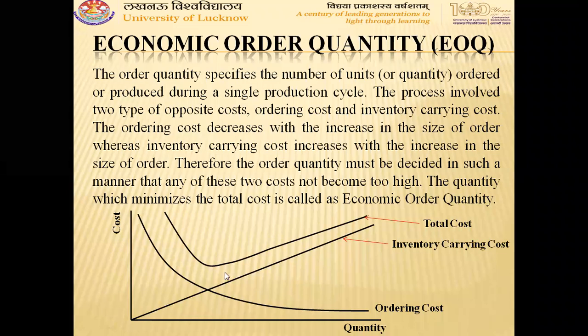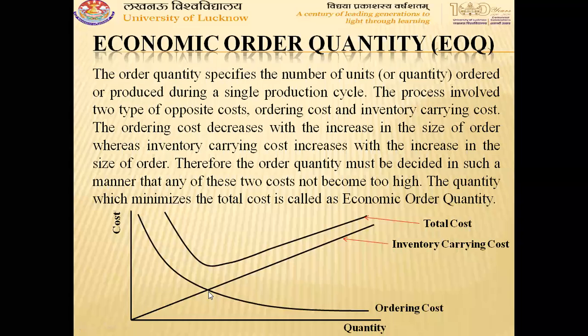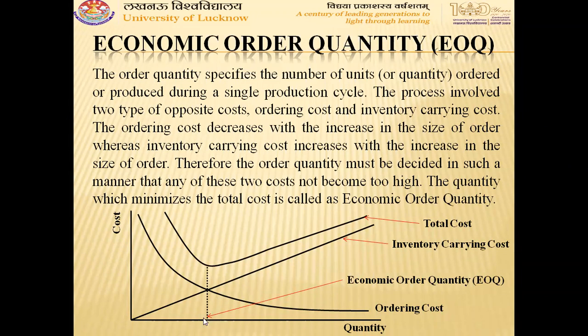So here you can see this point is minimum. From this point we draw a perpendicular to the axis of quantity. At this point, the perpendicular intersects the axis of quantity, and this point will be called economic order quantity.